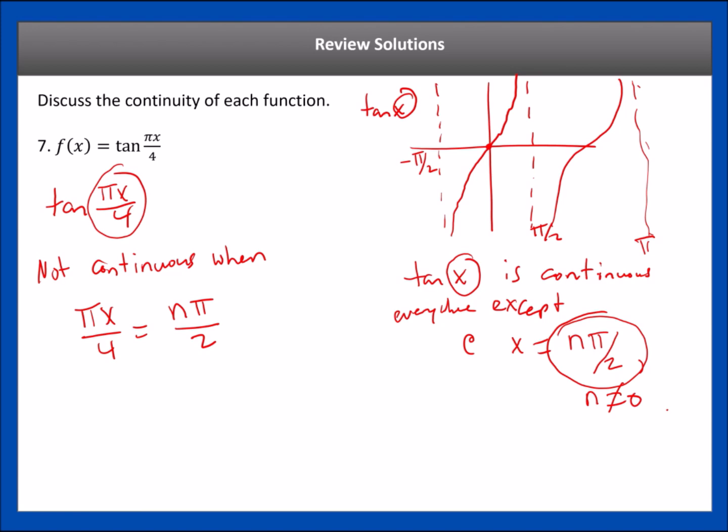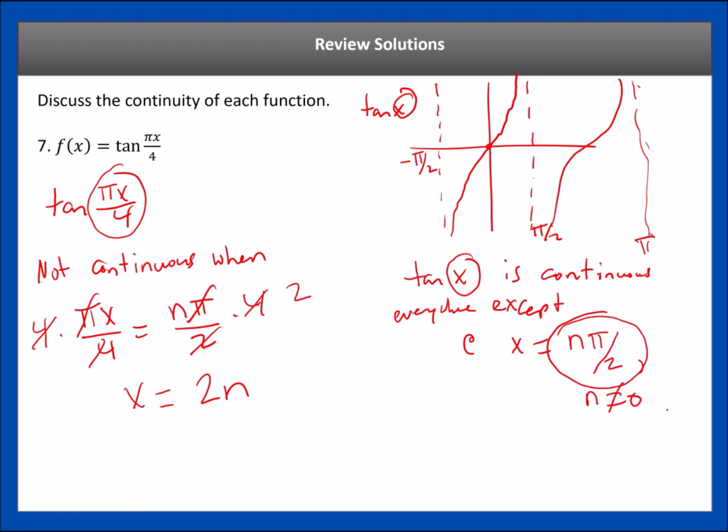Okay? So then if I do that, well, the pi's cancel. Let's multiply both sides by 4. So when x is equal to 4 divided by 2 is 2, right? So when x is equal to 2n, then this is not going to be continuous.